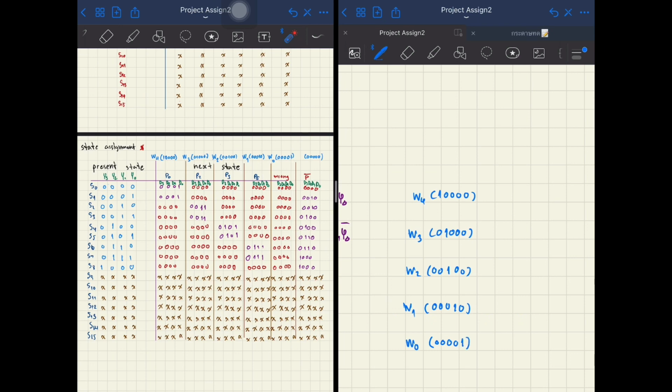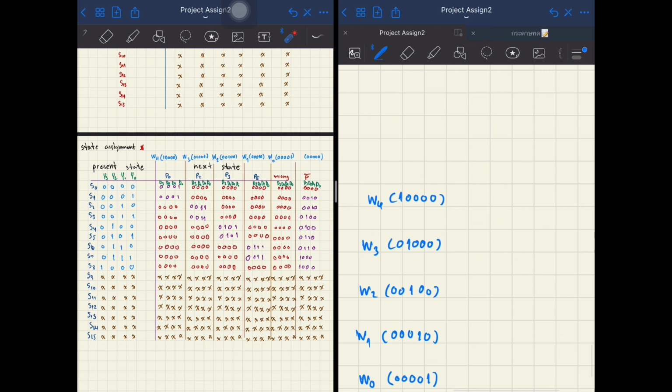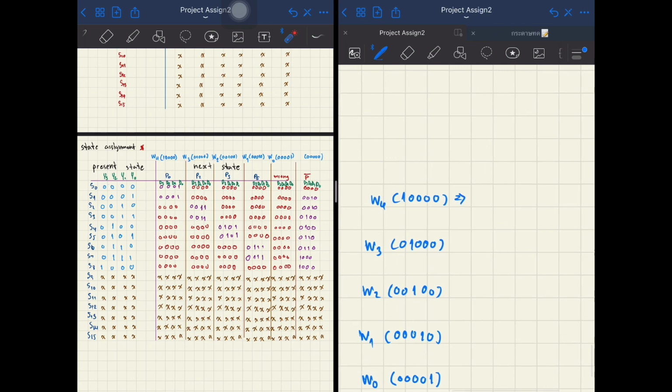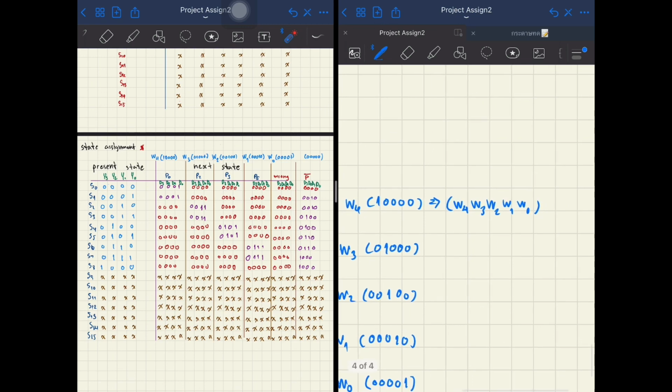So W4 we can write as W4, W3, W2, W1, and W0, and we give the complement to W3, 2, 1, and 0, right? Because it is 0 here. We must do 1. So anything that is 0, we give the complement to make it 1.